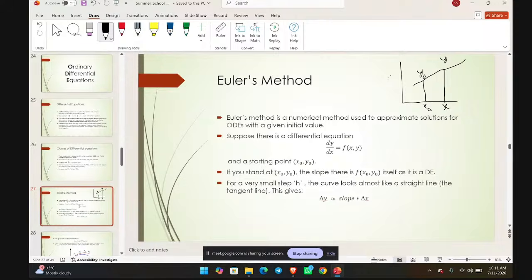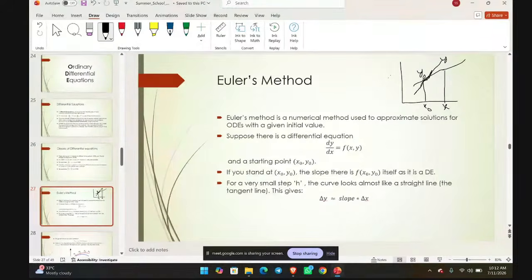So the basic idea behind Euler's method is, here we draw a tangent to this curve. As we know, the derivative at this point is the slope of the tangent, dy by dx is equal to f of x comma y. So the slope of this line is f of x comma y here itself.